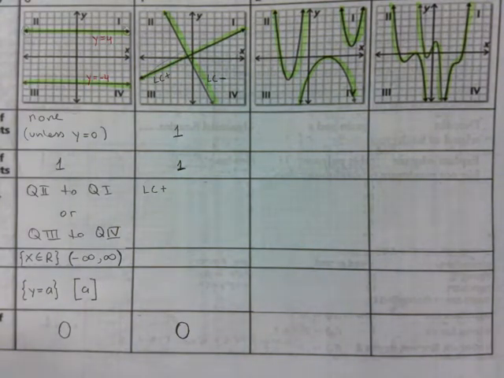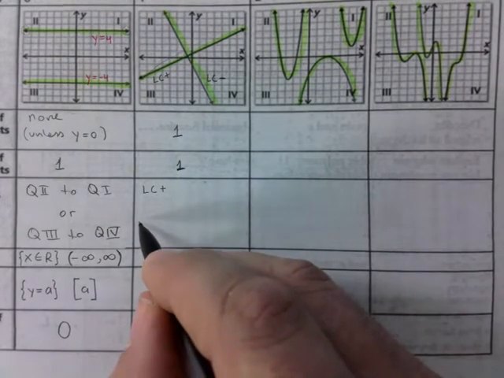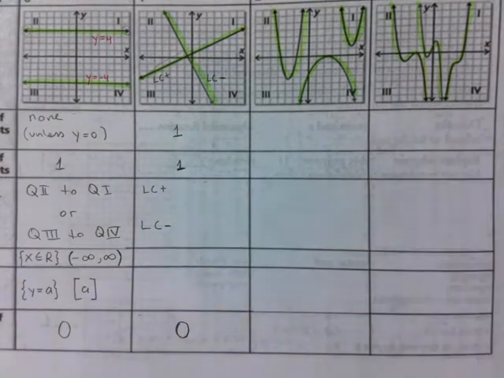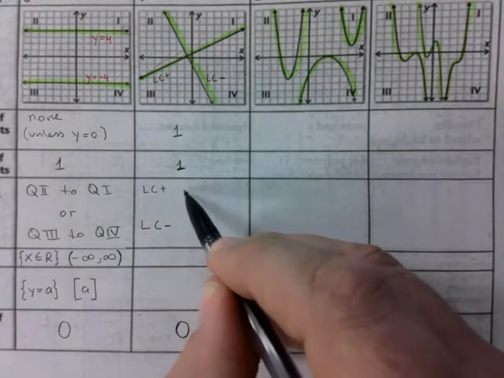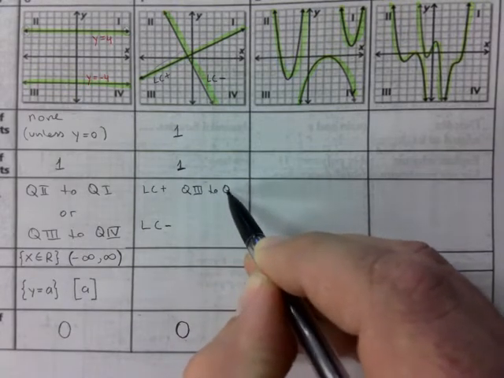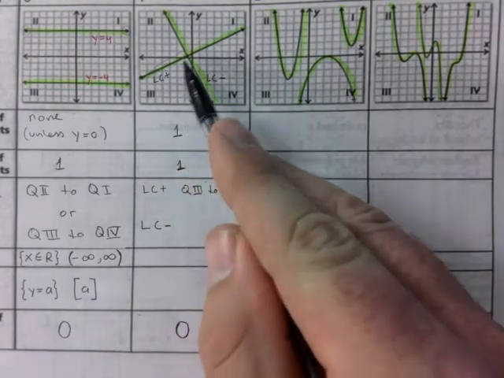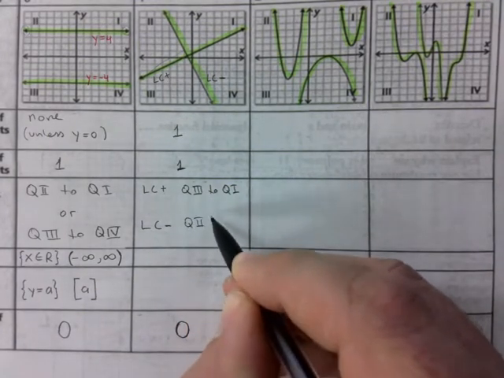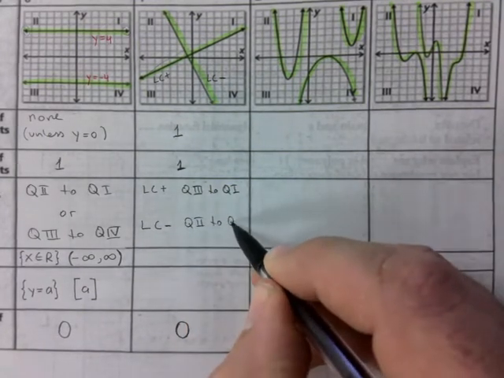When the leading coefficient is negative, a linear goes down. If it's positive, it goes up. So we're going to have two different end behaviors here as well. If the leading coefficient is positive, you go from quadrant 3 to quadrant 1, diagonally across like that. If it's negative, you're going to go from quadrant 2 to quadrant 4.